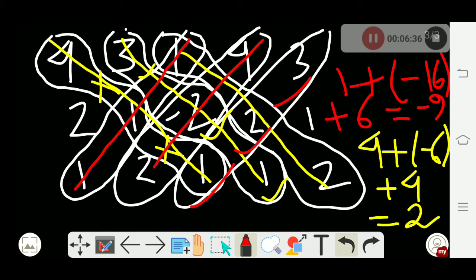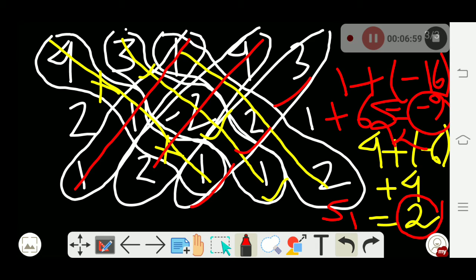So from the incident one we get 2, and for the reflected one we get minus 9. So this is known as S1, and this is known as S2.